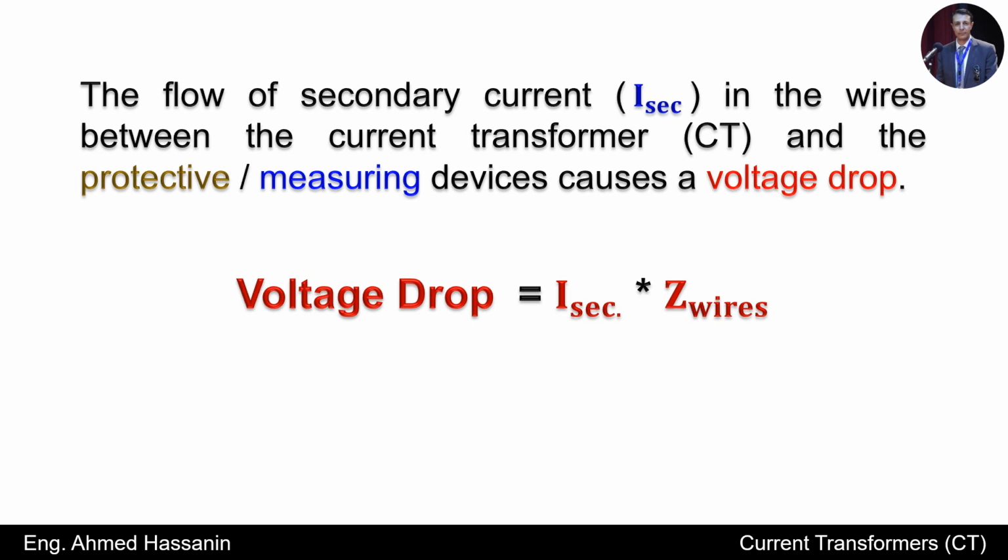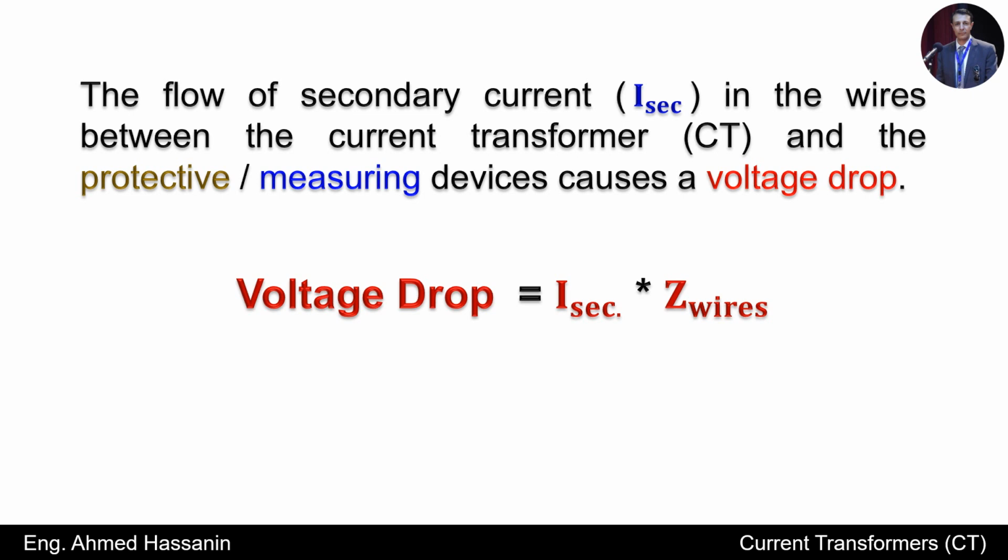The secondary current 1 ampere or 5 amperes flow through the secondary circuit from the current transformer to the measuring or protective devices. We know very well that the secondary circuit wires of the current transformer have resistance in ohms. So, more distance of these wires means more resistance in ohms.